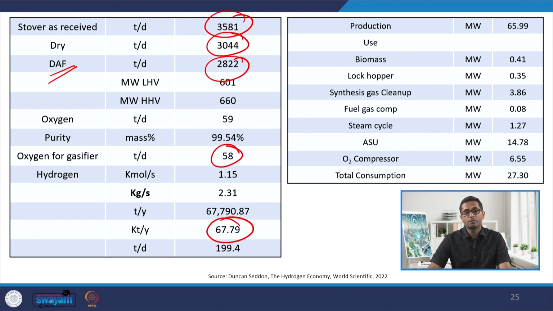So for the plant that I am aiming for, which is producing 67.79 kilotons of hydrogen and using 3,500 tons of biomass on a daily basis, would have a heat production capacity of around 65 or 66 megawatt, and a good amount of it is going to be used in-house.